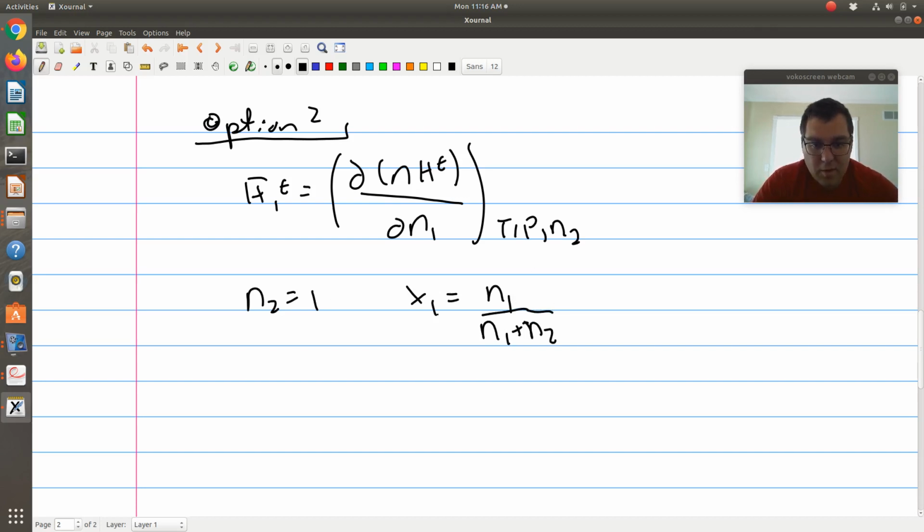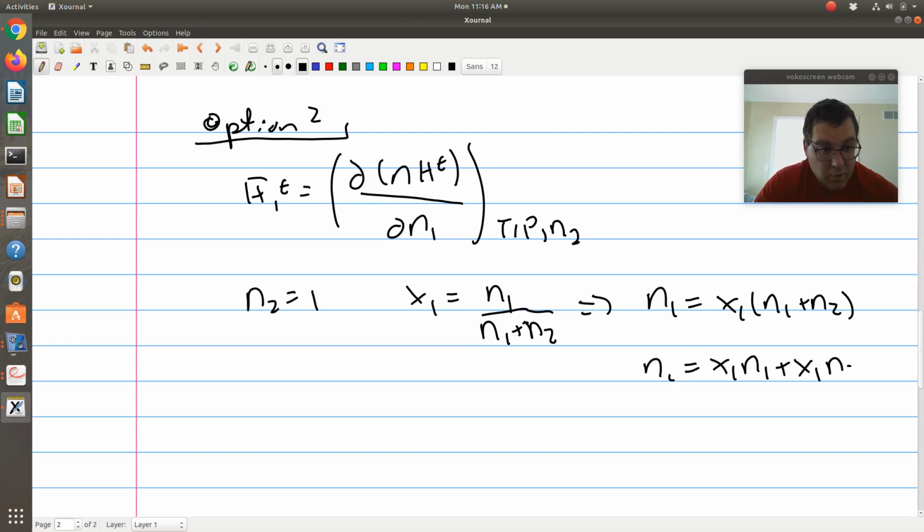So n1 is equal to x1 times (n1 plus n2), so n1 is equal to x1 n1 plus x1 n2.